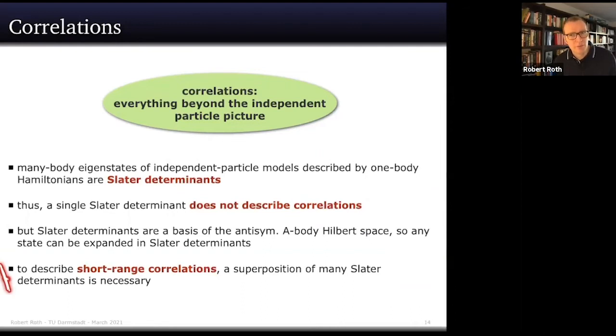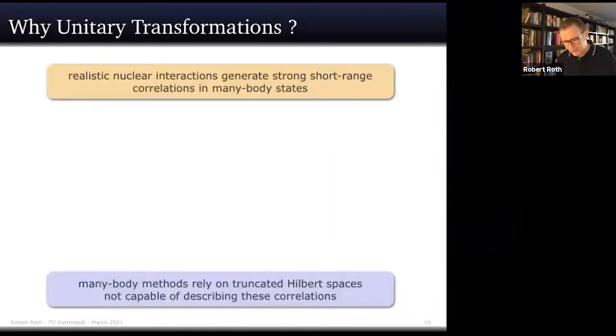Now remember what we did with this Nmax truncation. You cut away space because the matrix is getting large and you cannot handle it anymore. This is immediately a problem in connection to correlations, not for the deuteron. You can beat the deuteron to death if you like, in terms of basis dimension, but it will be a problem for all heavier nuclei. So you are in trouble here, because on the one hand, these realistic interactions force you to consider these short-range correlations in many-body states.